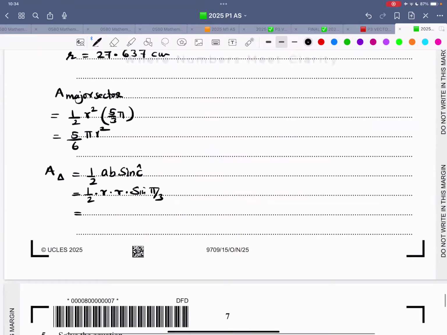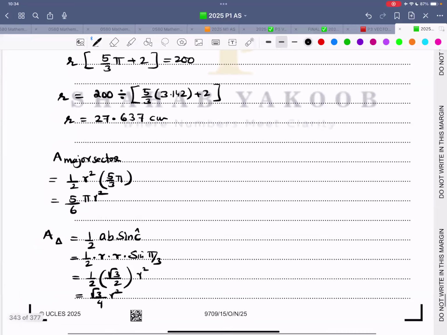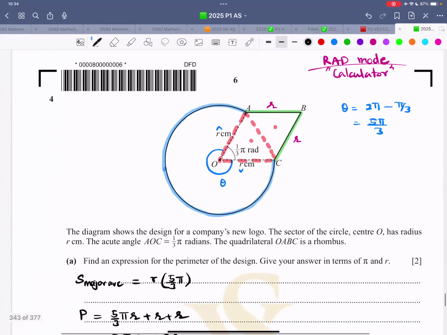Use the exact value: sine of pi by 3 is root 3 over 2. That is root 3 over 4 r squared. Therefore, there are two triangles. This is triangle 1, this is triangle 2, and this is the major sector.